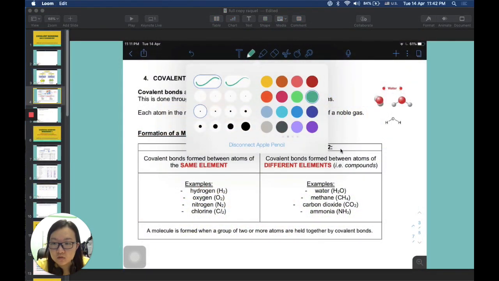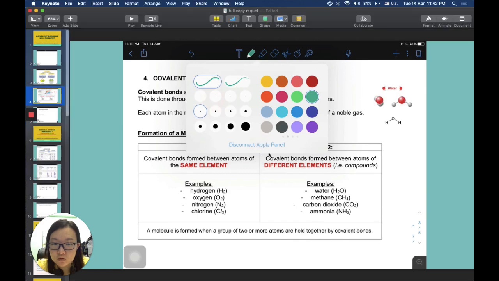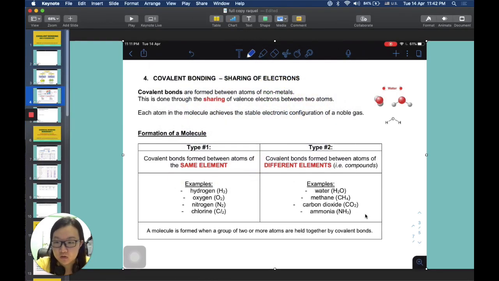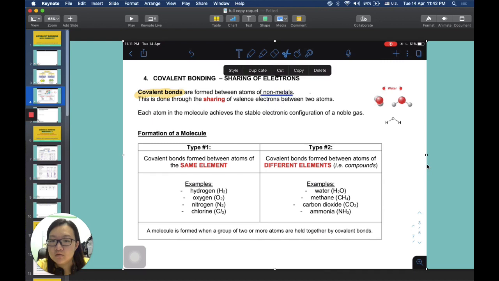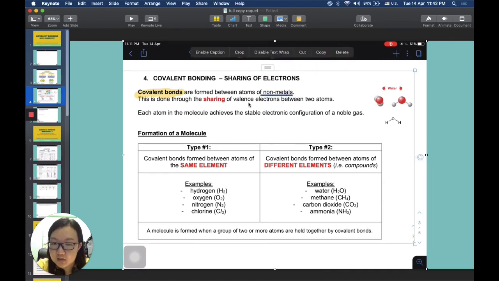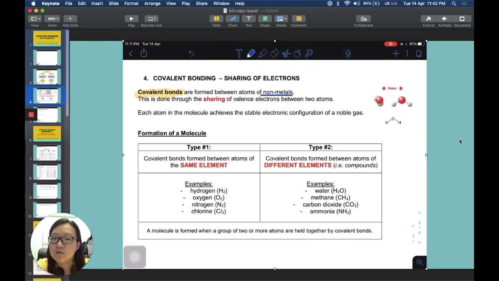Let's move to our notes. We are going to officially start on covalent bonding. What is it? It is the sharing of electrons. Covalent bonds are formed between atoms of non-metals, through the sharing of valence electrons between 2 atoms.